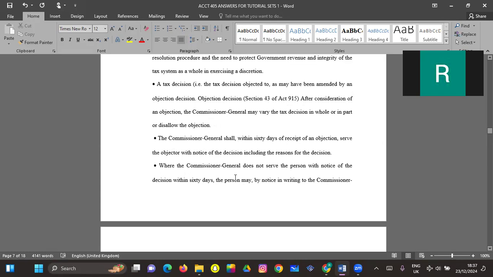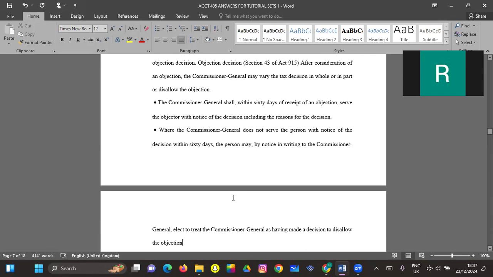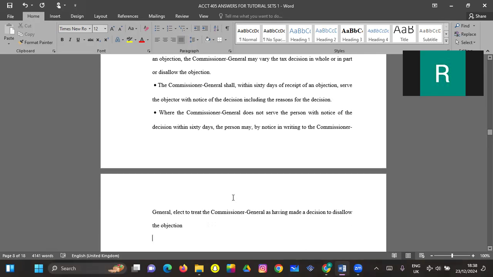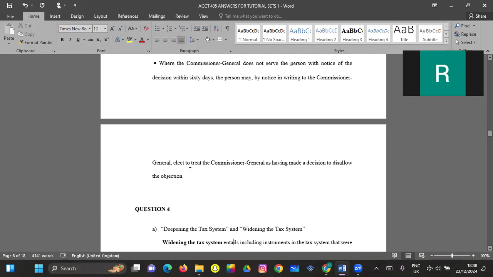Where the Commissioner General does not serve the person with notice of the decision within 60 days, the person may, by notice in writing to the Commissioner General, elect to treat the Commissioner General as having made a decision to disallow the objection. To all this, I'll make sure I issue them before exams.